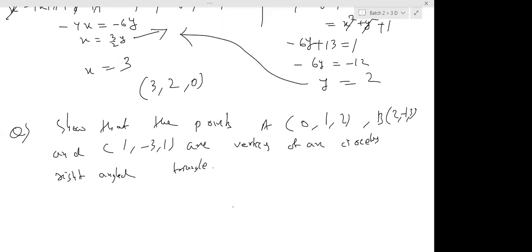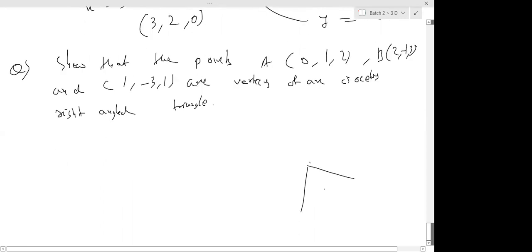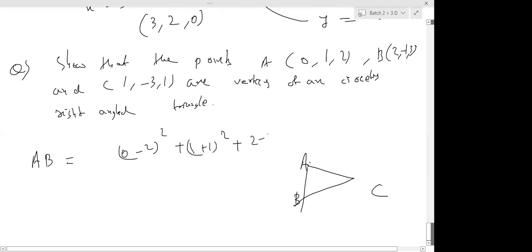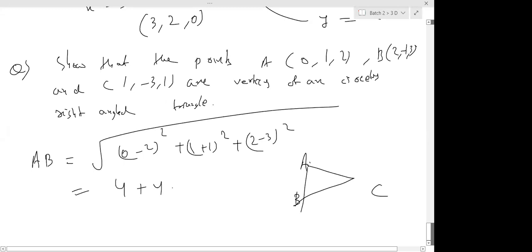All right. Let's see. So this is a triangle ABC. Let's figure out AB. This is the square root of (0 minus 2) whole square plus 1 whole square plus (2 minus 3) whole square. So this is 4 plus 4 plus 1, that is 3.